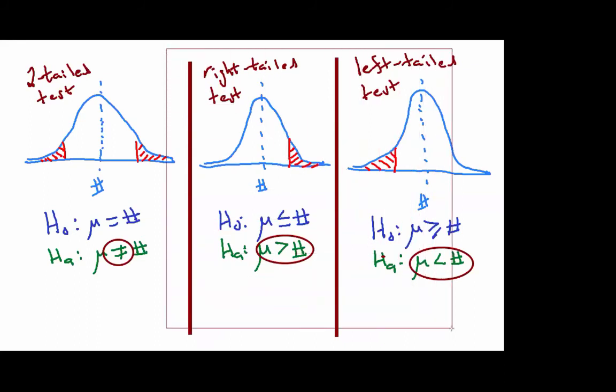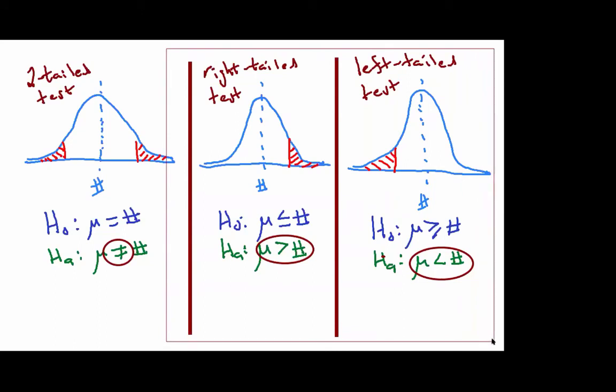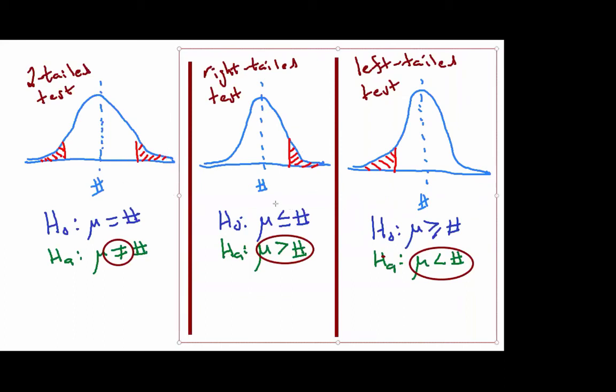There are only two of them, either left or right, and this is the two-tailed test. The one-tailed test could be broken down into right-tailed or left-tailed. In this case, the critical value is positive for a right-tailed test, it's negative for a left-tailed test, and it's both positive and negative for the two-tailed test.